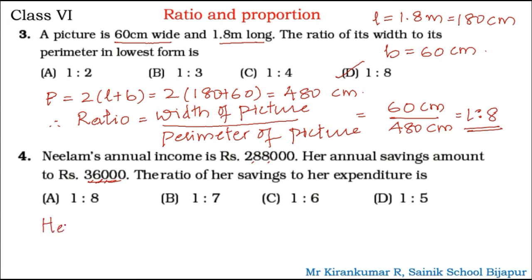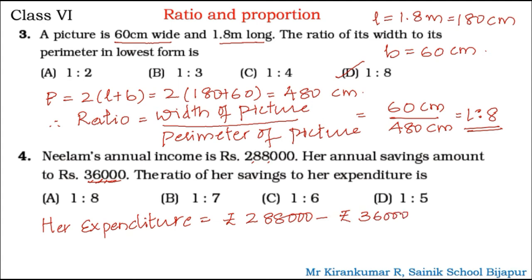So let's find her expenditure. Here the expenditure is the annual income, which is rupees 288,000 minus rupees 36,000. Upon subtracting, we get rupees 2,52,000.